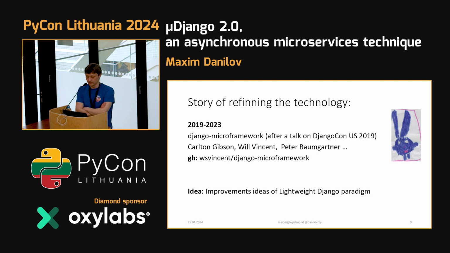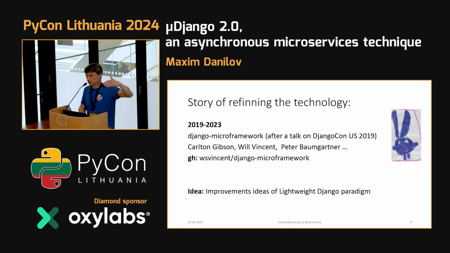A little later, Django micro framework was presented at DjangoCon. There you can find many famous people in Django, and Django micro framework was presented by Vincent. But I don't see much improvement, because it was simply a copy of Lightweight Django with a little improvement to the idea.